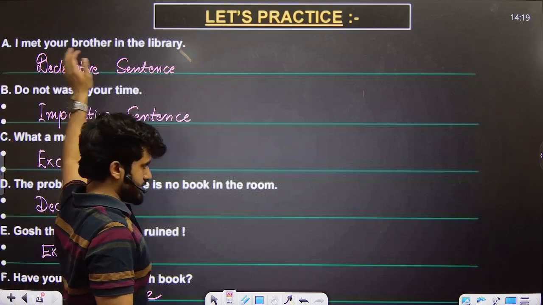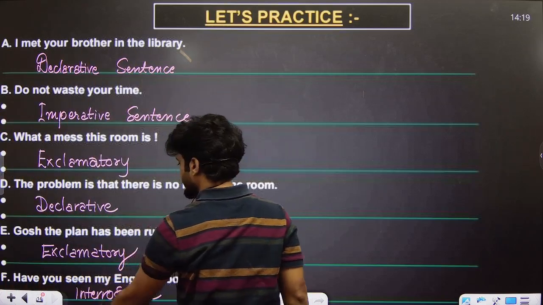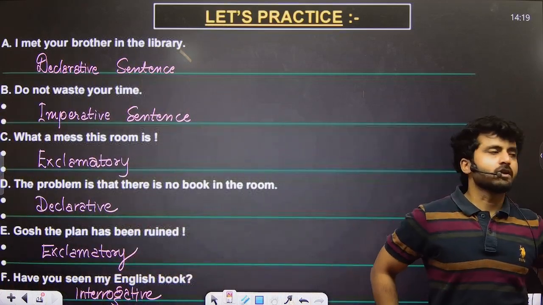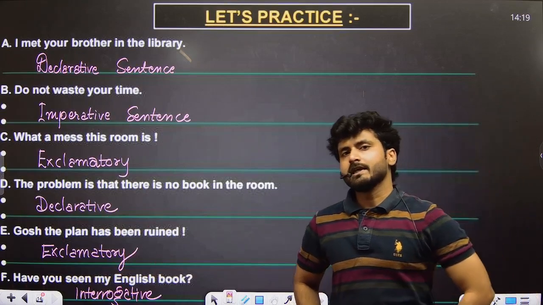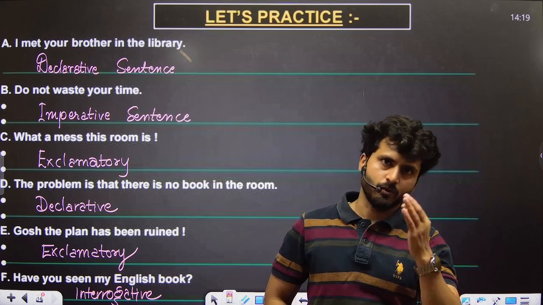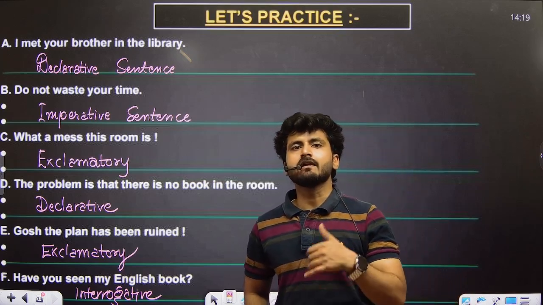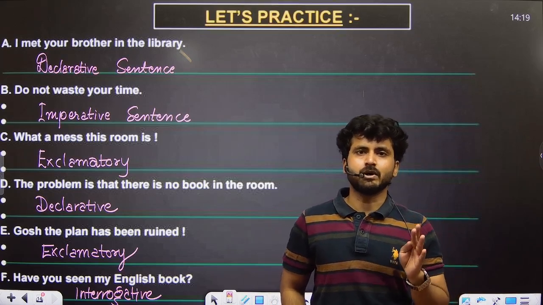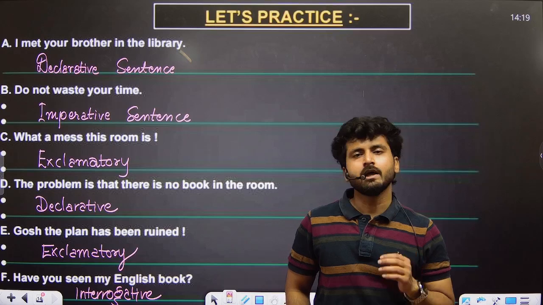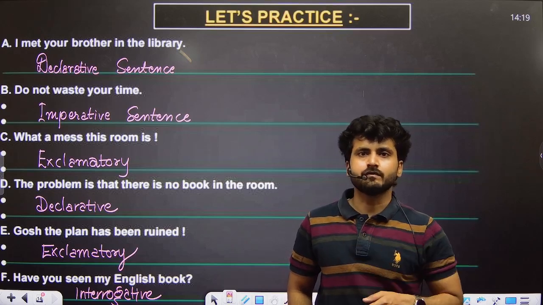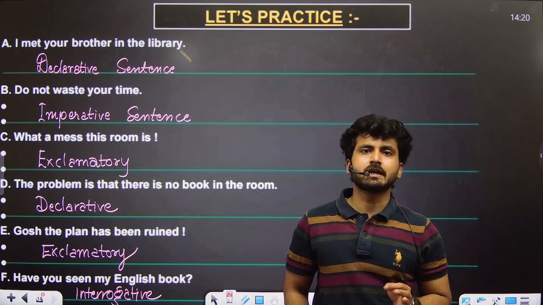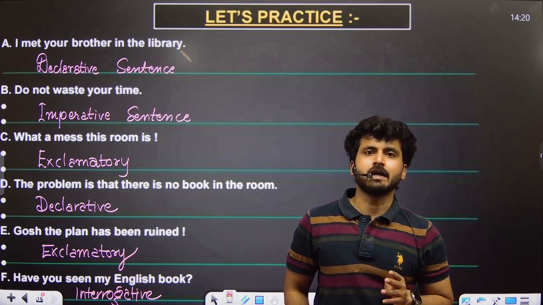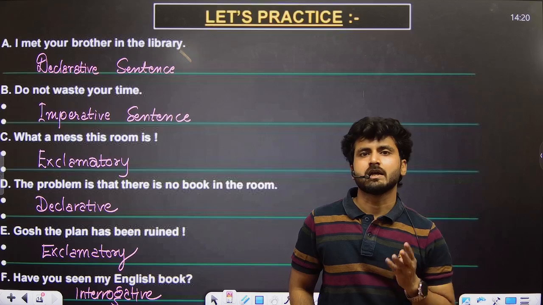So in today's lecture, we completed what? The sentences based upon their structure and their function. Based upon the structure, we discussed the simple, compound, complex, and complex compound, and based upon the function, we discussed declarative, imperative, interrogative, and exclamatory.